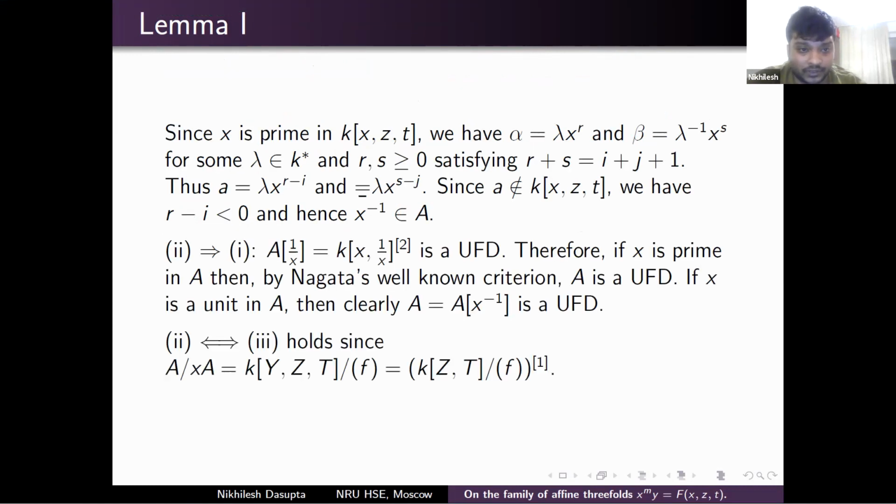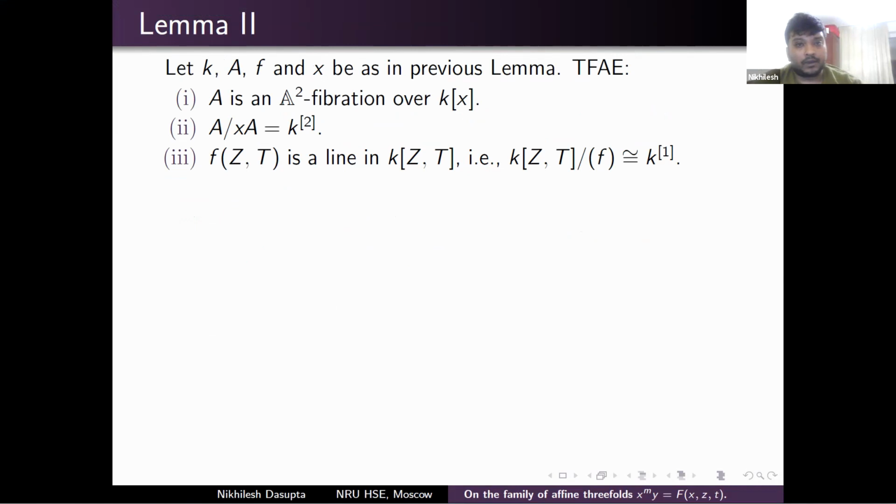This is what lemma 2 says. Now these conditions again are equivalent: that A mod XA is K^2 means what I said right now, that f is a line. A is an A^2 fibration over K[X]. This I will need, because one of the conditions of my theorem involves an A^2 fibration.